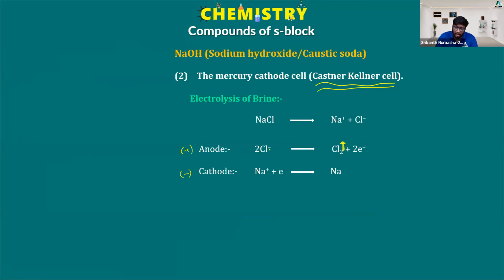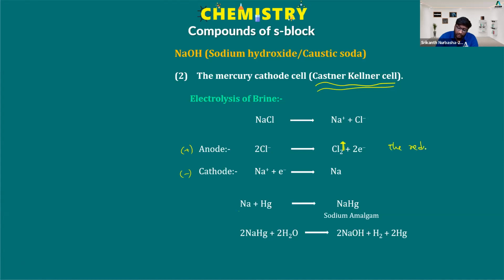That is oxidation occurring at the anode. At the cathode we have Na+ and H+. Earlier we wrote that H+ will take up the electron to form H2 gas. Now Na+ will take up the electron to form Na, because the reduction of Na becomes easy in the presence of a mercury electrode. The Na will react with mercury to form NaHg.